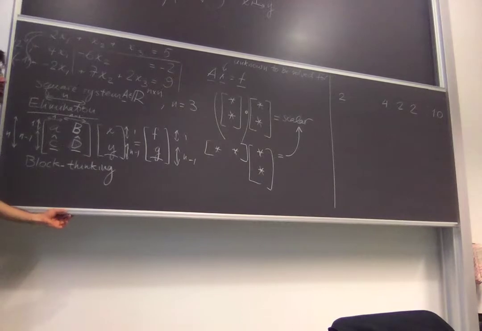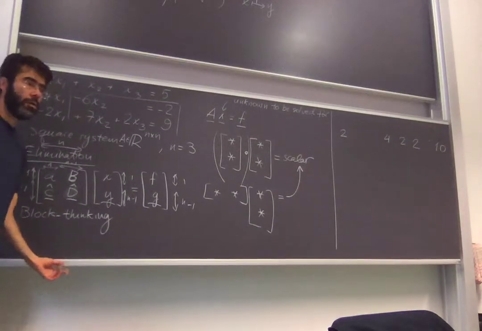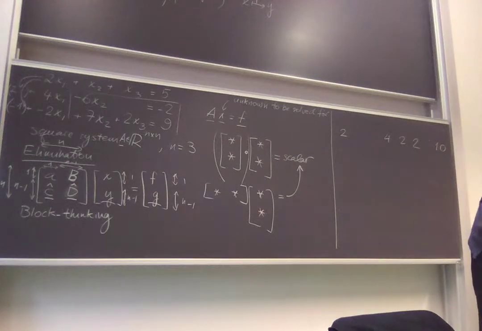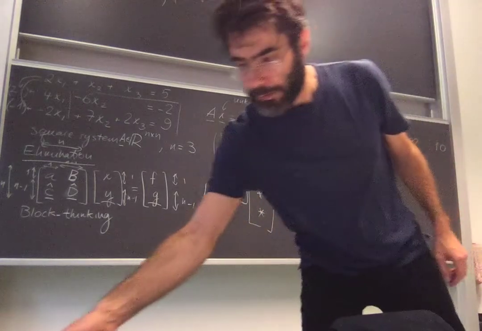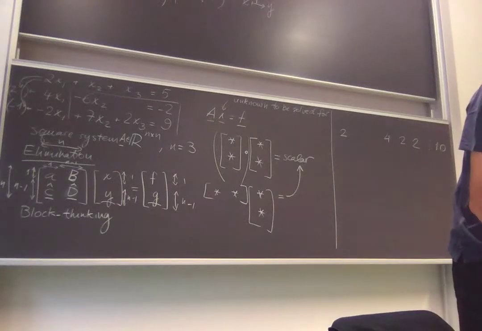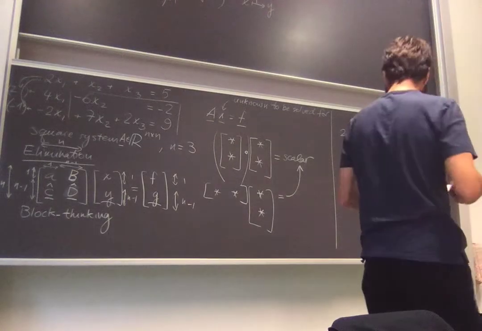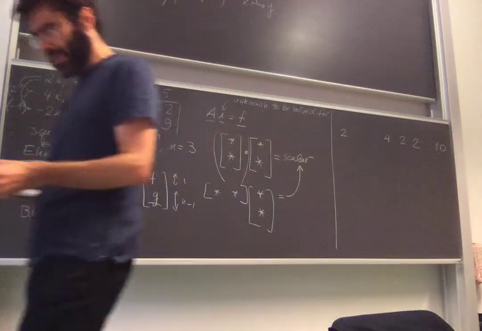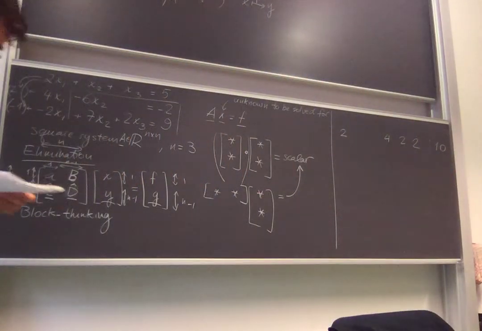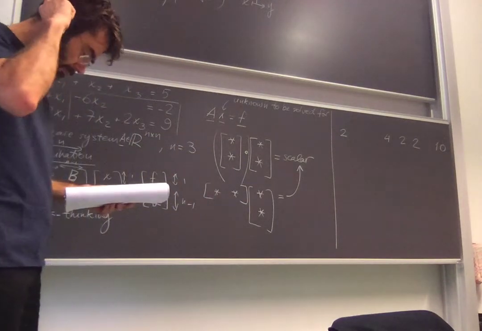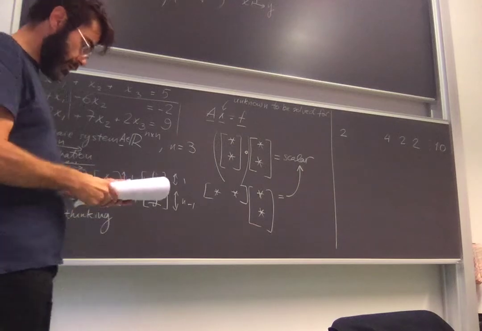Alright, so now let's redo it again on the board in a way that will enlighten us, hopefully. In order to be enlightened, we're going to use some colors, because these procedures can be quite messy. And I'm going to try and do it in a way that is not too messy.